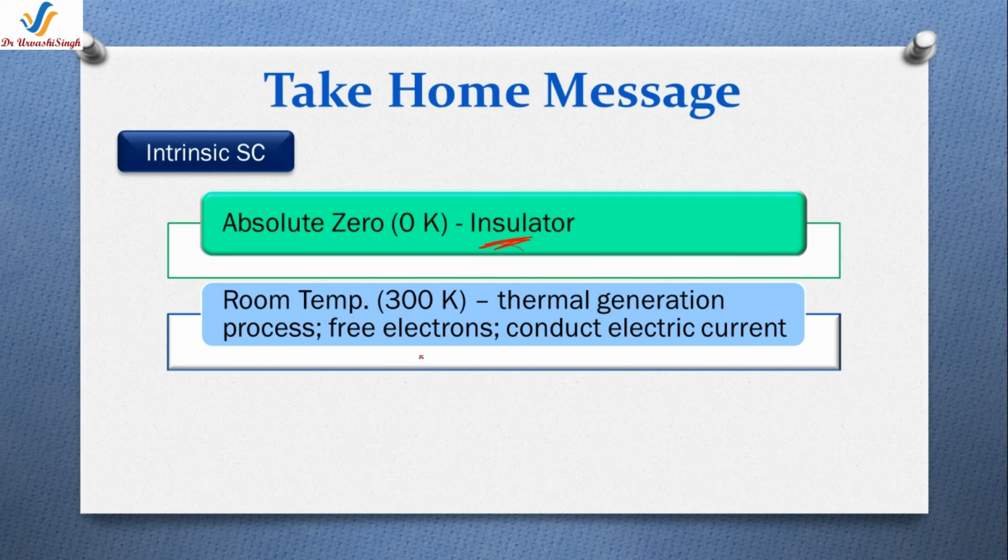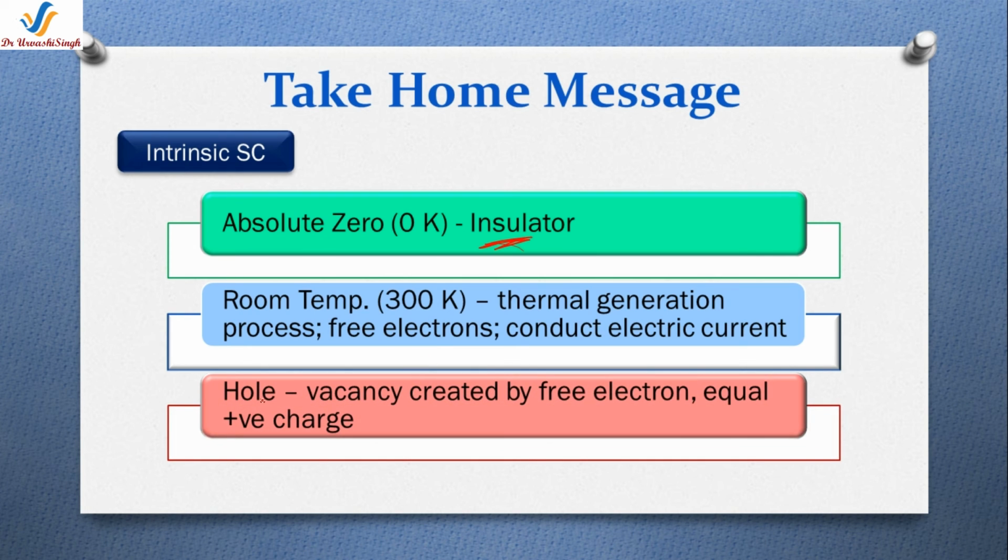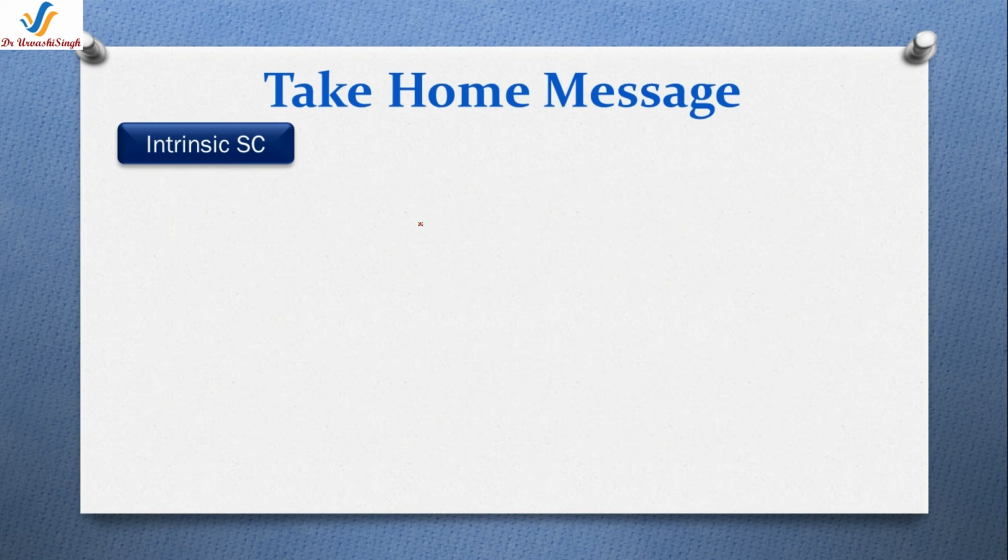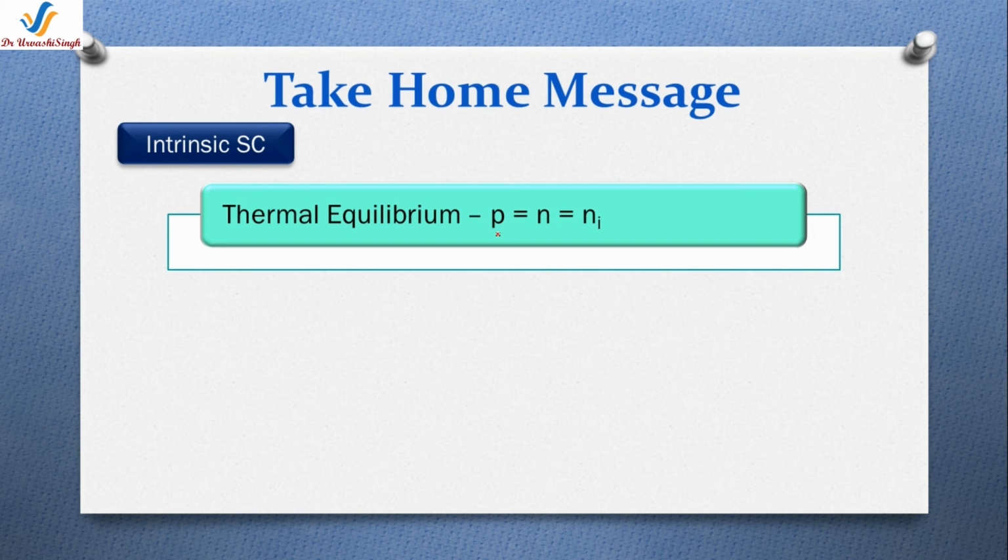When there are free electrons, then there will be holes, and holes have equal magnitude of charge to the electron but in opposite polarity. At thermal equilibrium, the concentration of free electrons and holes are equal, and it is given by the intrinsic carrier concentration.